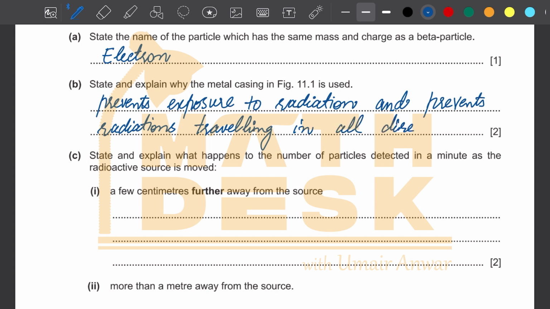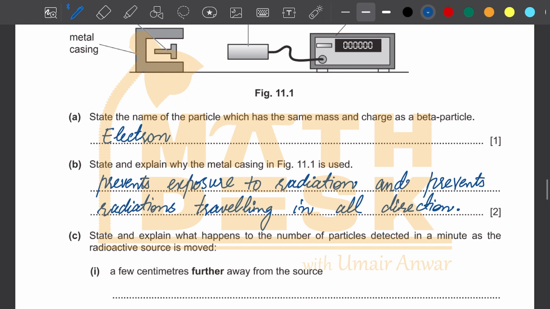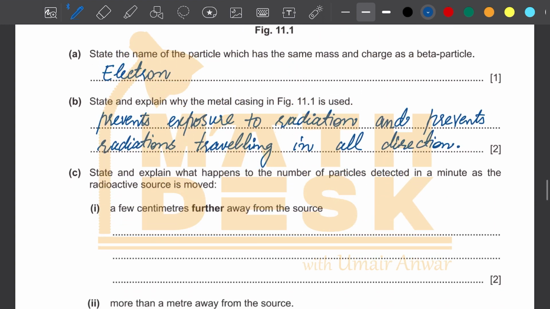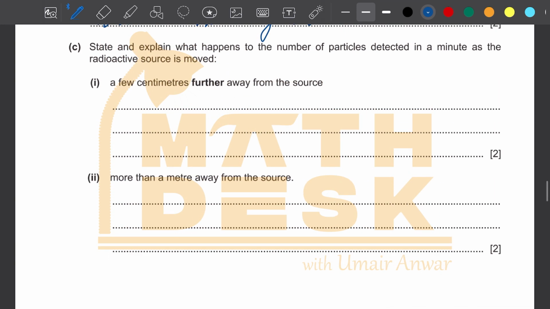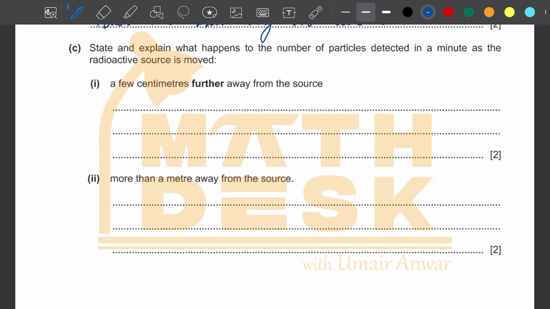So this is the reason or the safety precautions that are made sure by using this metal case in this experiment.